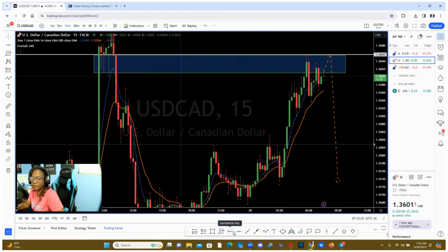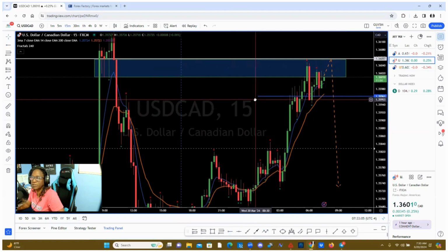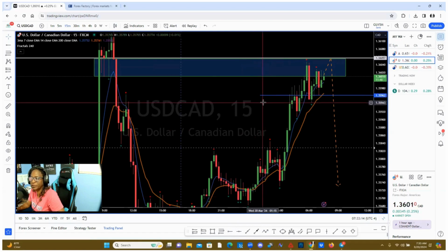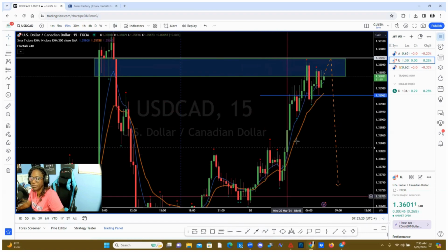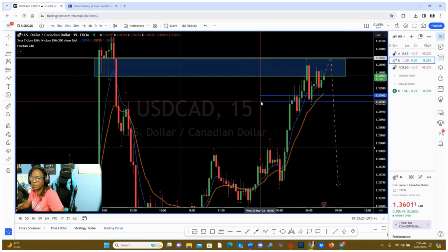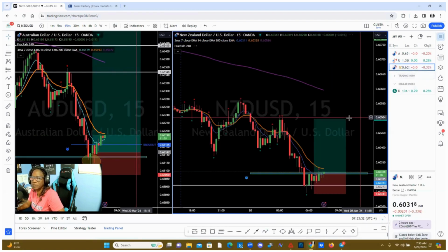It would be great even to see price closing below these levels here for me to take a sell position, right? But for now, I'm just watching the CAD, and that's it. All right, let me look at the New Zealand dollar now.